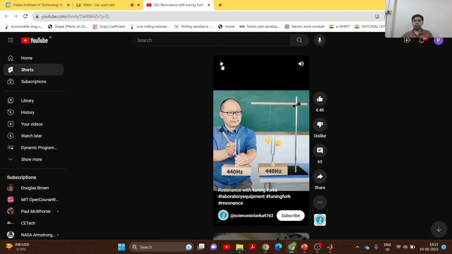Now we can see that when the person strikes the tuning fork with the frequency of 440 Hertz, the ball oscillates with significantly large amplitude, whereas when the person strikes the tuning fork with 512 Hertz, there are hardly any oscillations occurring, whereas with 440 Hertz, there is significant amplitude, as we can observe over here.